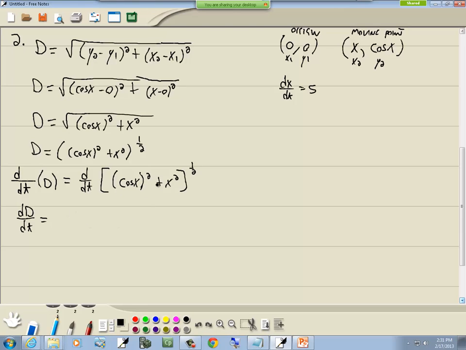If you got something inside of brackets to a power, you take your power, put it out in front. What's inside your bracket remains as is. Lower your power by 1, and then you multiply it times the derivative of what's inside the brackets. So multiply it times the derivative of cosine x to the second power plus x squared.